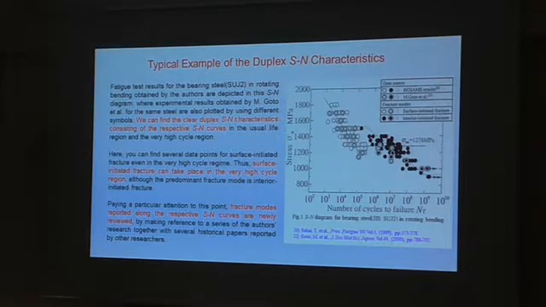So we can find the clear duplex SN characteristics consisting of the respective SN curves in the usual life region and the very high cycle region.